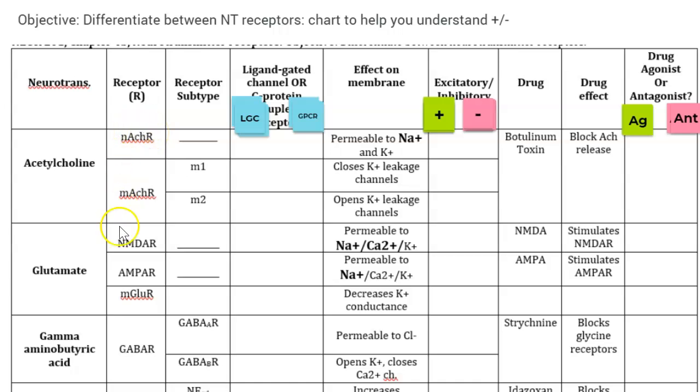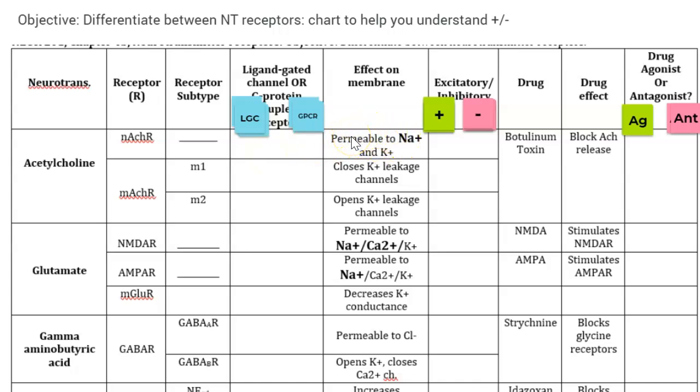This is something that you just have to memorize. This one is whether they are those ligand-gated channels or those G-protein coupled receptors that we just reviewed. And if they are a ligand-gated channel, they're going to be permeable to something.